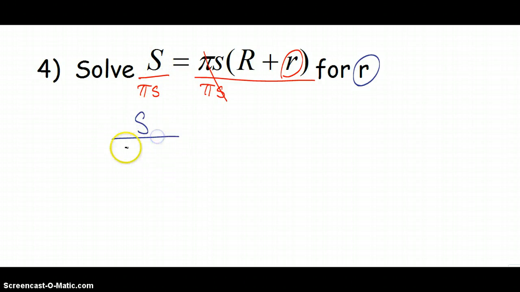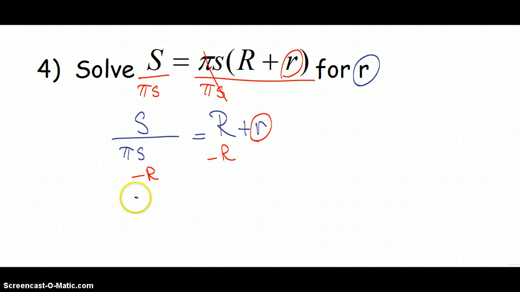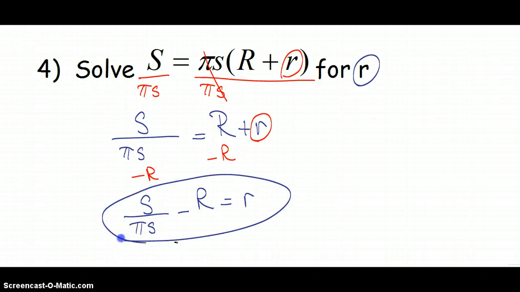So I have capital S over pi times lowercase s, and that's equal to capital R plus lowercase r. Well, I still want to get r by itself. I've got this capital R hanging around, so now I'm going to subtract capital R from both sides. So my final answer is capital S divided by pi times lowercase s, minus capital R, is equal to lowercase r.